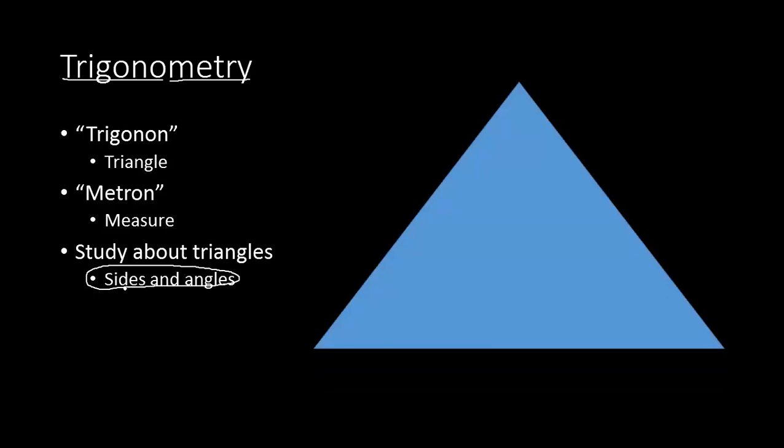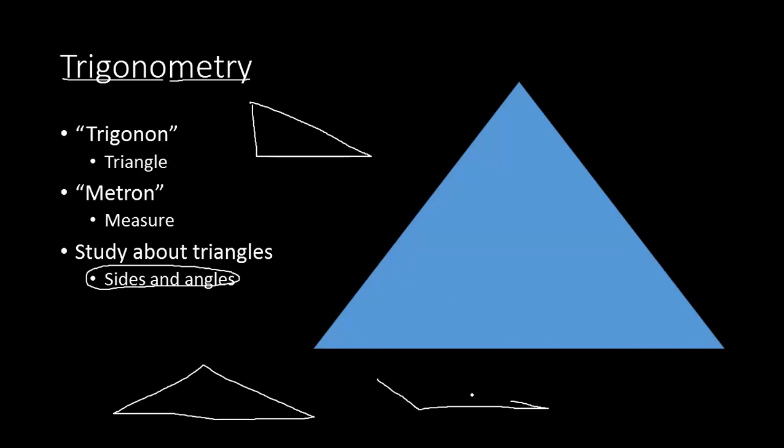Be reminded that there are different types of triangles in terms of how they look. For example, this one. Another example, this one. Another example is this one. See, these are all triangles, all right? You will know that it is a triangle when it has only three sides.